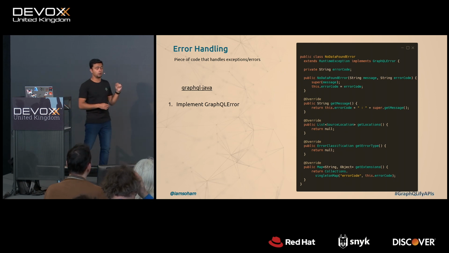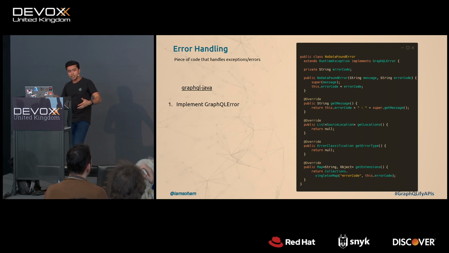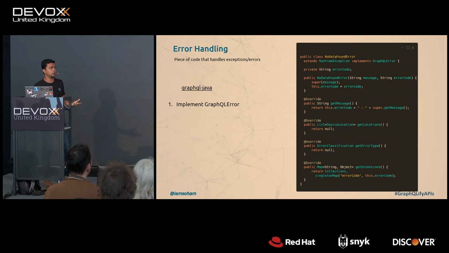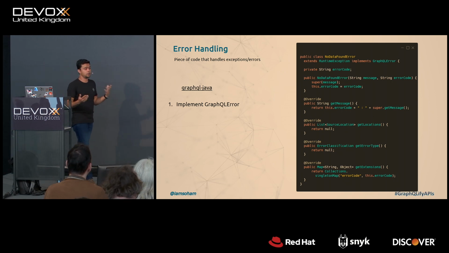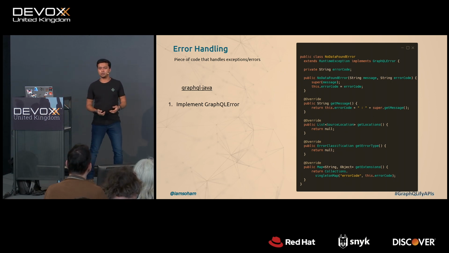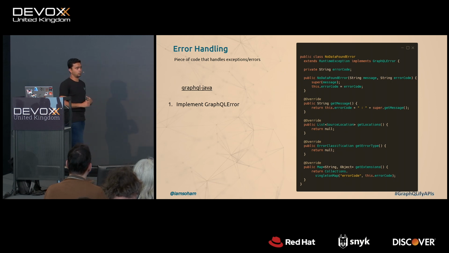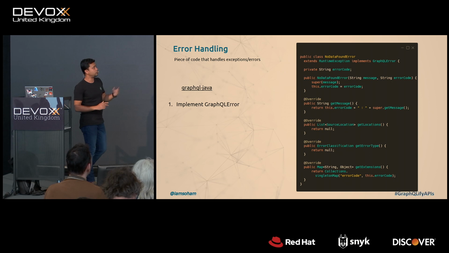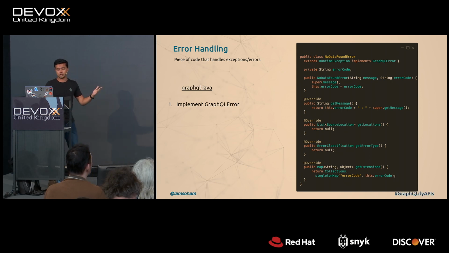And every framework provides a way to customize that information, to give the client, whoever is calling it, a better insight on what happened at the back end when it went wrong. So in GraphQL Java, you need to basically implement an interface, and then you define different kinds of errors when it occurs.